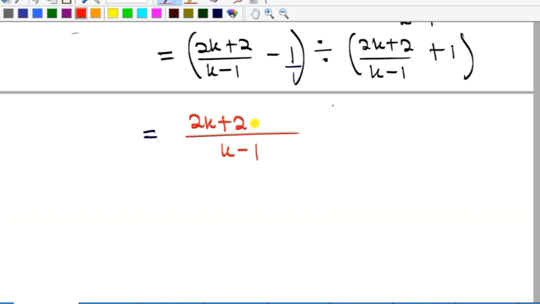Then minus, I'll bring down this, open a bracket, and that's going to be 1 dividing k minus 1 will remain k minus 1. And so I have divided by, on the other side, I'm going to have the LCM as well, which will be k minus 1. And so the same thing will happen here, 2k plus 2.